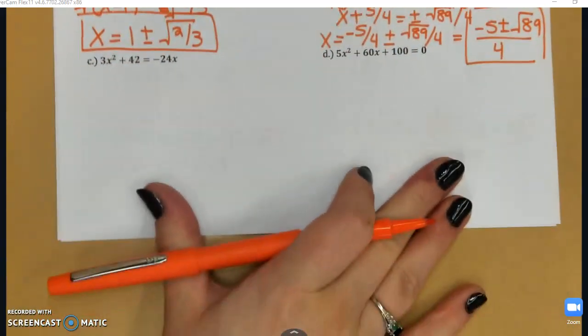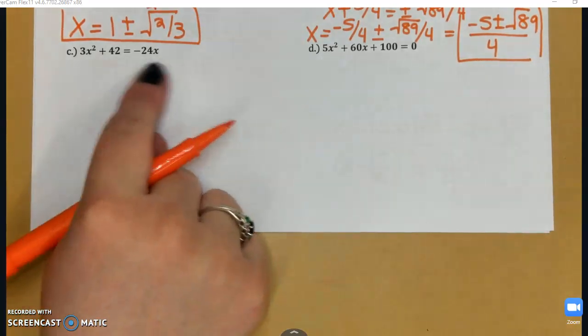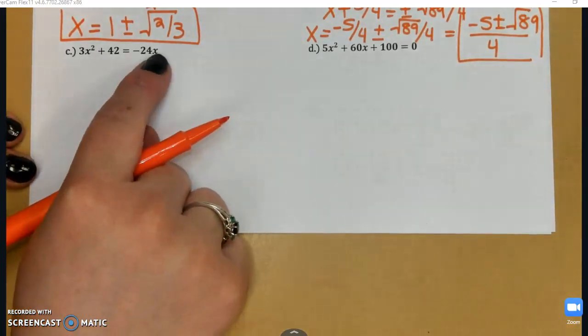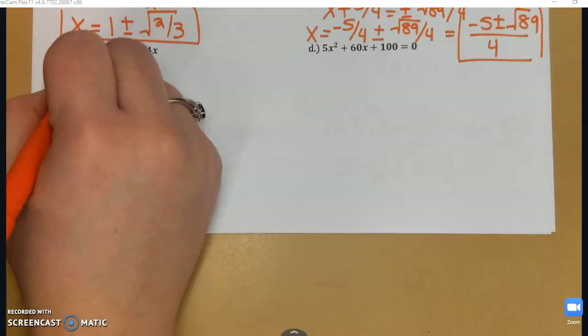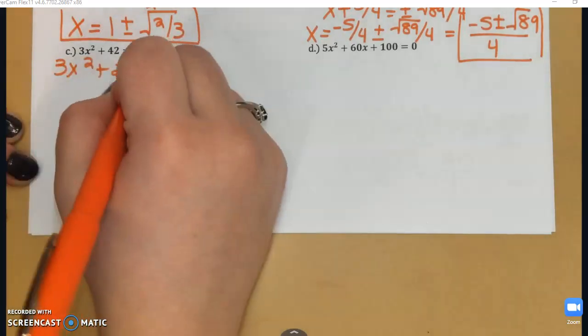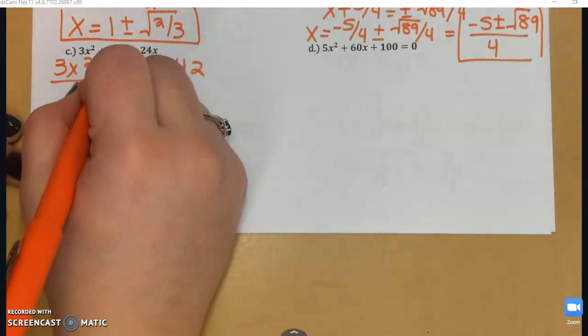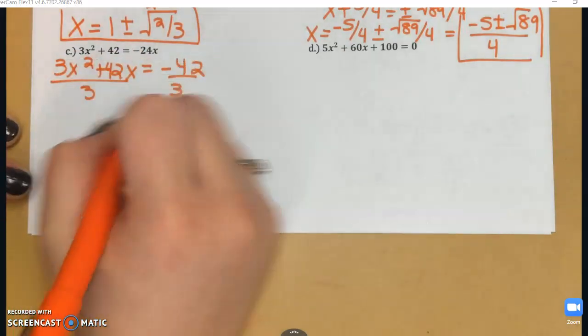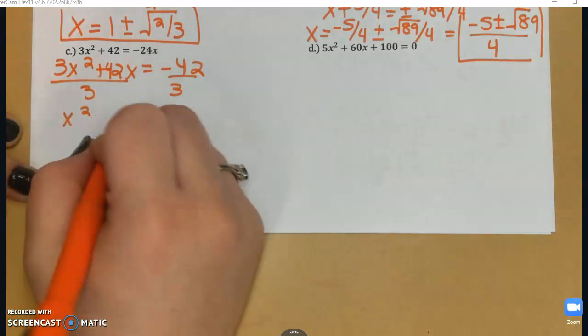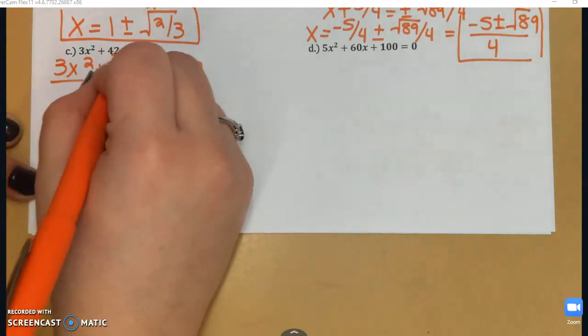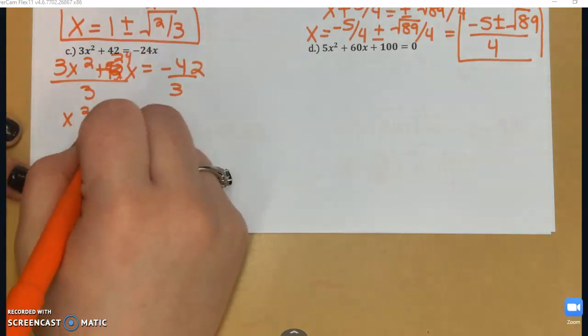All right, last two. Example C, all of my equation is kind of rearranged here, so I'm going to move the 24x over and move the 42 over. A is 3 here, so everything gets divided by 3. I'm going to have some nice whole numbers here, and that should be 24x. I don't know where my head is at.